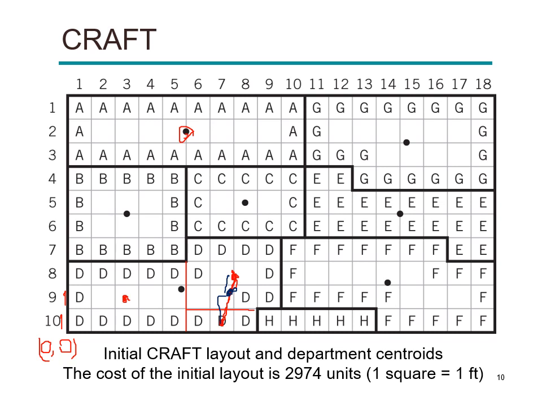Then combine this centroid with the other one. Okay, it means that the centroid of the total shape will be on this line segment. And again, the ratio of this part to this part will be equal to the size of this rectangle to the size of this shape.